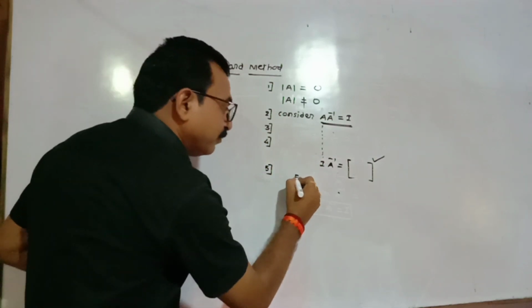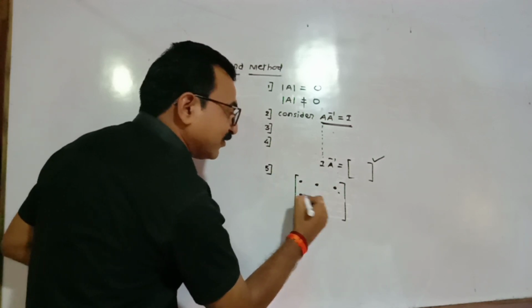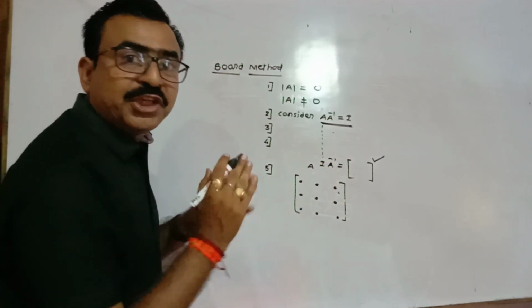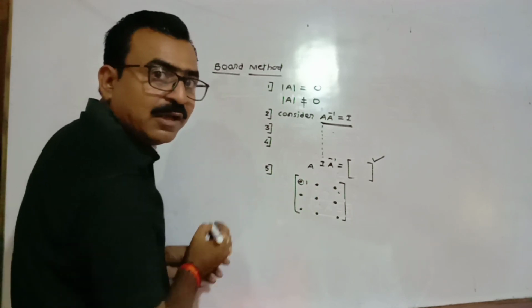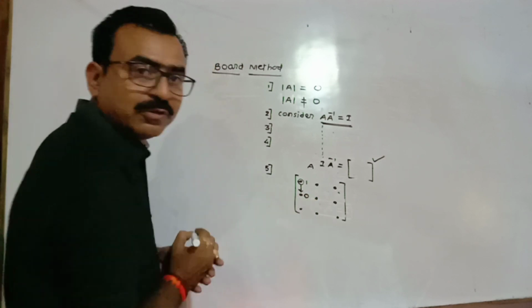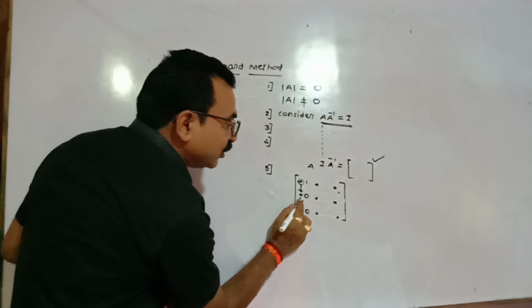Understood? And your last rule is, while converting this matrix A into an identity matrix, you have to use this pathway. Means, suppose this is your matrix A. Initially convert this element into 1. After that convert this element into 0. After that convert this element into 0.